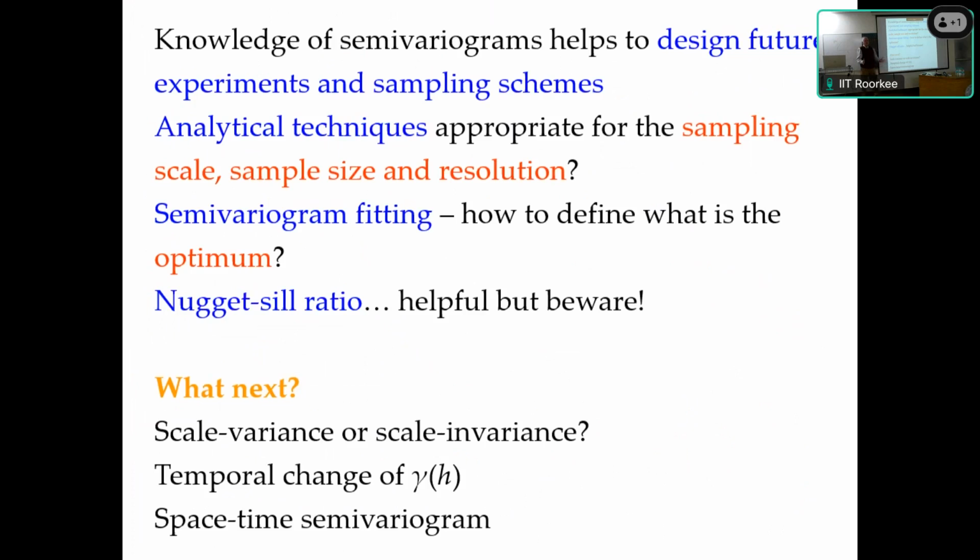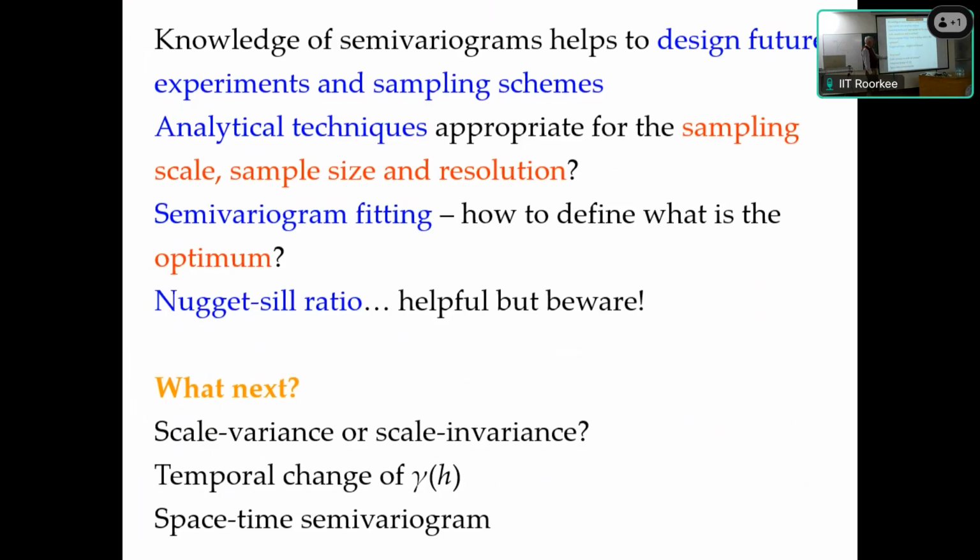Or is it not so sensitive and we just need to look for the big fluctuations in data? Semivariogram fitting, how do we define what is the optimum? Don't use R square. We will look into the fitting in the next 2 lectures. The important thing is the first few lags give a good fit. Everything else is not as important.